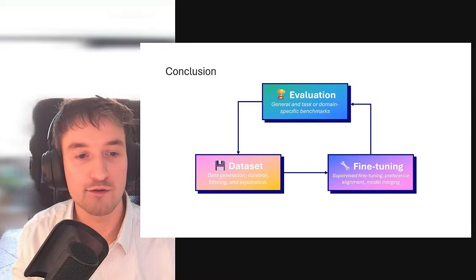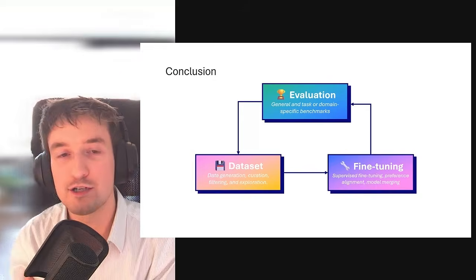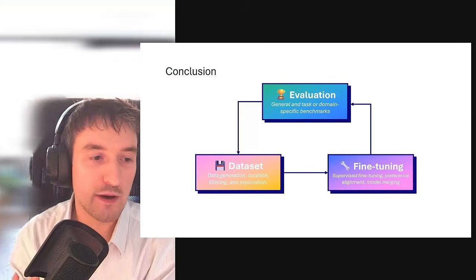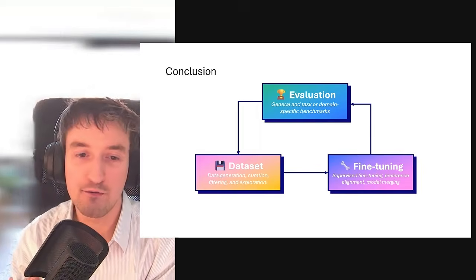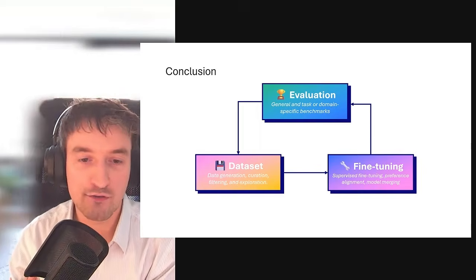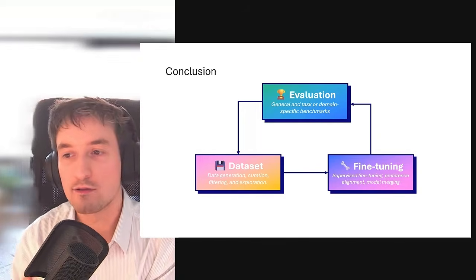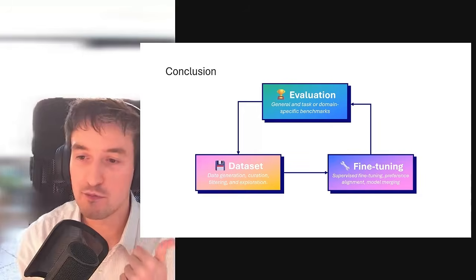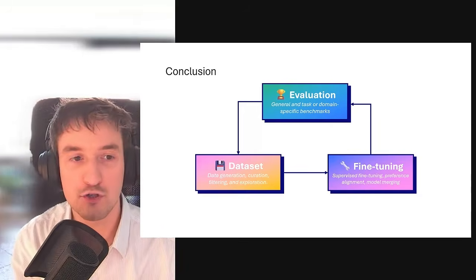All right, that's it for me. As a conclusion, I think that we saw the three main stages of post-training. We talked about dataset generation, and then we saw different algorithms for fine-tuning: supervised fine-tuning and preference alignment. And finally, we talked about evaluations with automated benchmarks, human benchmarks, and LLM as a judge.